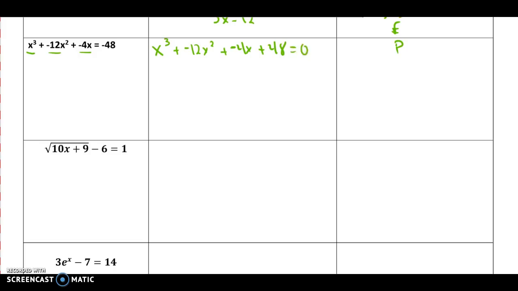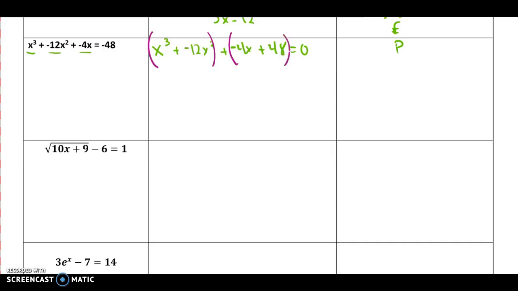With more than one type of x and with these 4 terms, I group them. I'm going to start by grouping.